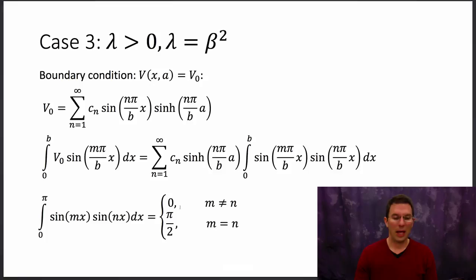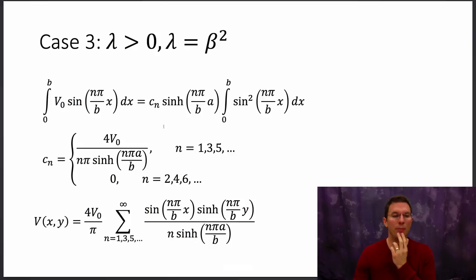And it's equal to pi over 2 whenever the integers are the same. So we're going to take advantage of that, and the only time we're going to get a non-zero contribution on the right-hand side is when m is equal to n.